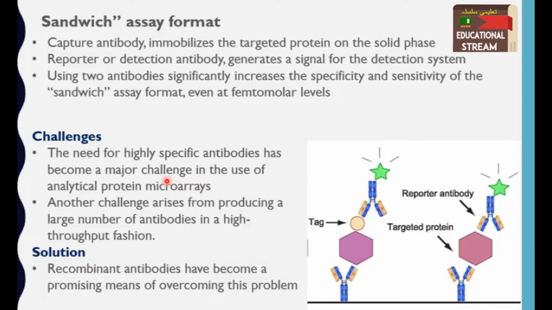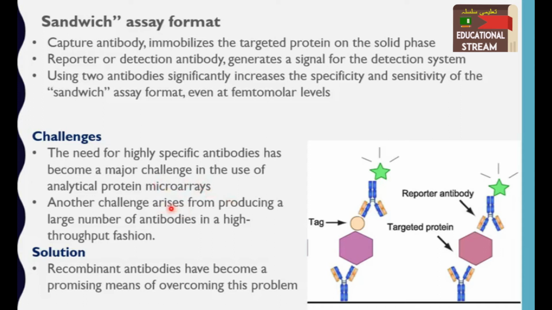Like we have used multiple antibodies, we have immobilized or spotted those antibodies on the glass, then there is a chance that they may cross-react with proteins other than their exact target protein. So there is a need for highly specific antibodies, and it becomes a major challenge in the use of analytical protein microarray, because the non-specific binding will lead to a large number of false positive results.